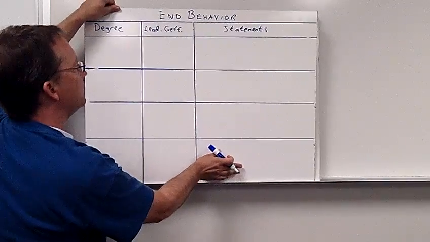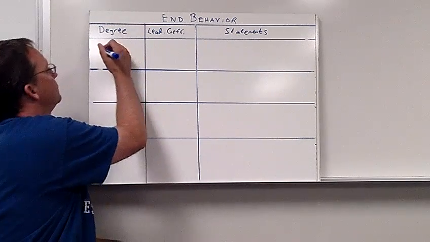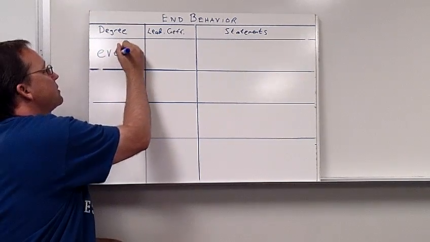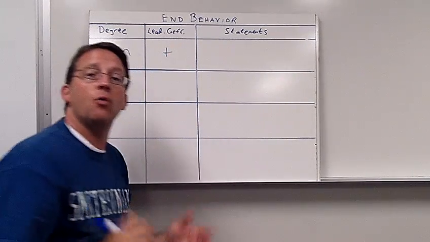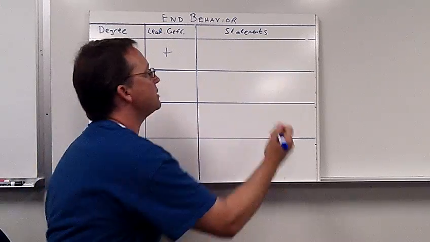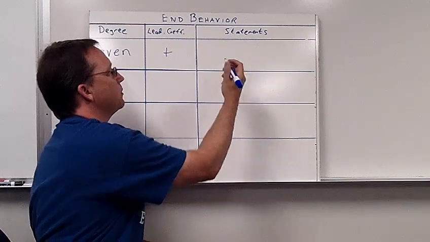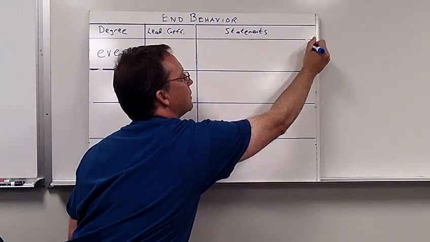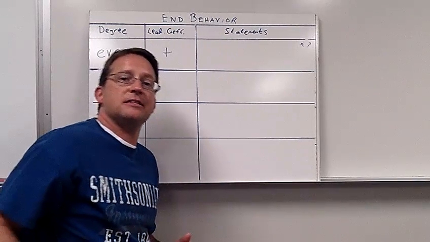We have, for the first part of our chart here, we're looking at a degree that was even. We had an x to the fourth power. We had a lead coefficient that was positive. We know those two arrows are going to be pointing in the same manner as a parabola opening upward. So we're kind of thinking those arrows are going to look something like that. Now, here's how we write that statement out.